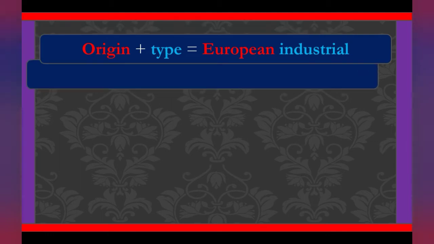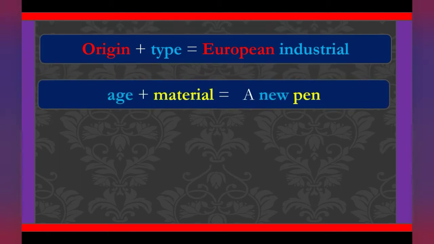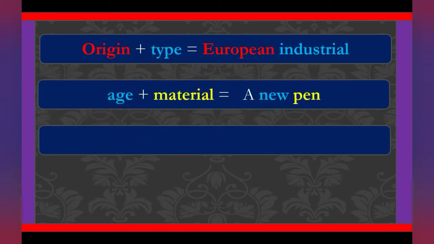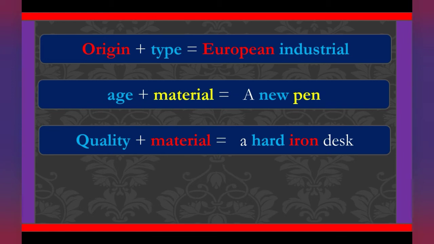Also, a new pen: age plus material. A hard iron desk: adjectives of quality come first, and then we put adjectives of material.